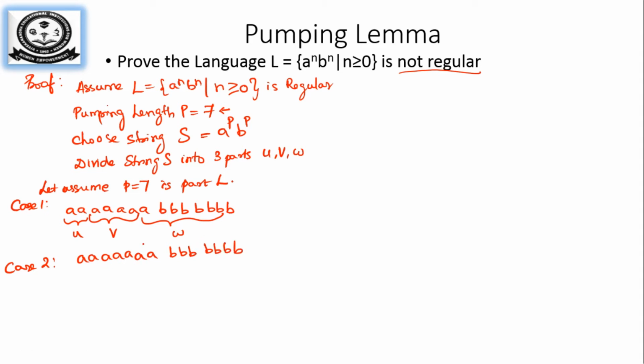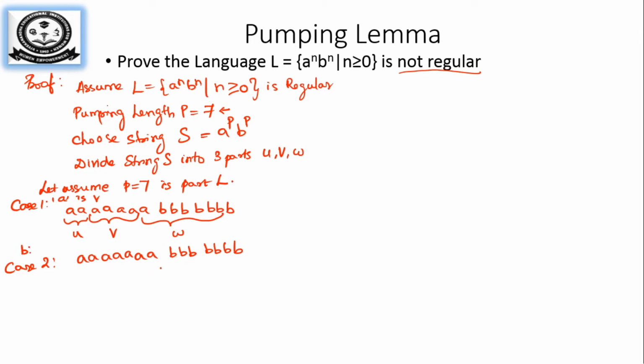Now for case 1 we have considered our A is in V, and for case 2 we are going to consider only B alone. So we'll choose some B's alone here.